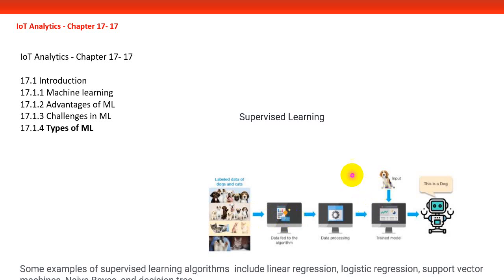Already in your program you defined what is a cat, what is a rat, what is a dog. All this data is already available inside the database. Now you are giving a question to this program. Assume in this case we are giving a dog image to the program, and you are asking your program to find out what this thing is.